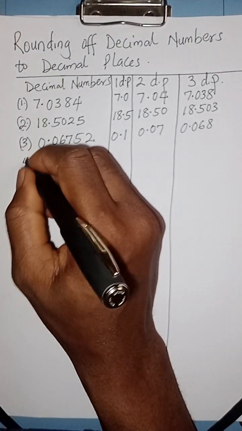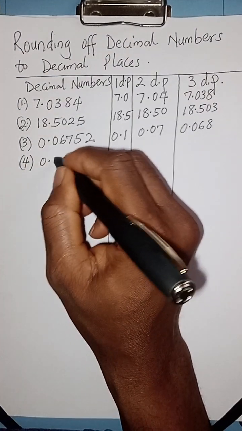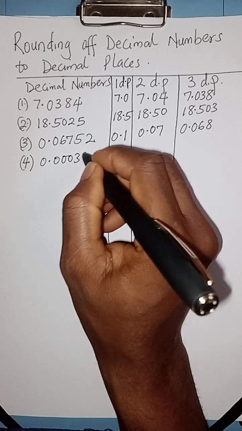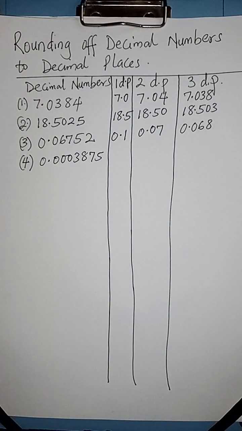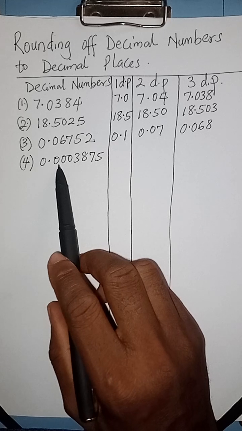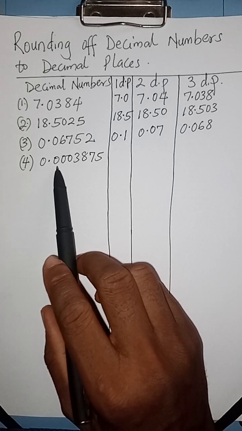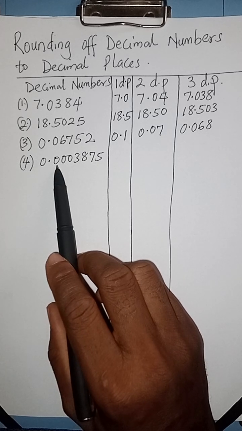So let's go to number 4. I have 0.0003875. Good. Now to one decimal place, what will be your answer? 0.0. I'll check the digit after the 0 to determine whether I'm going to round up or round down.